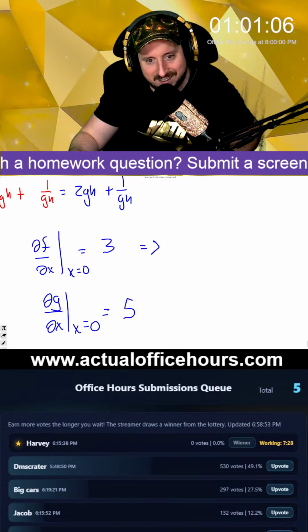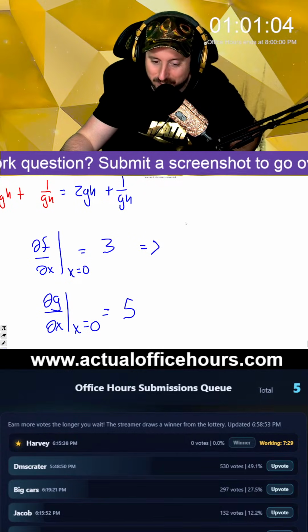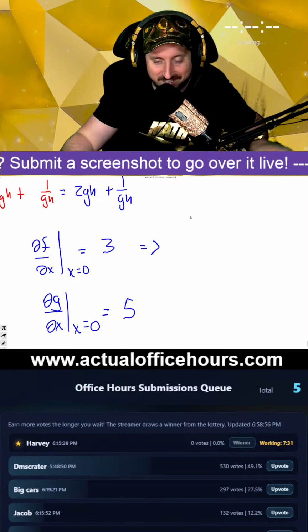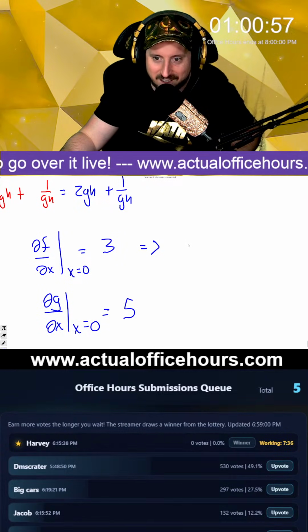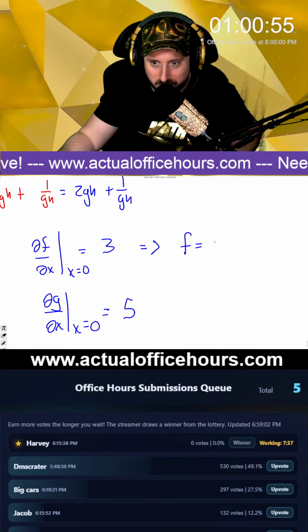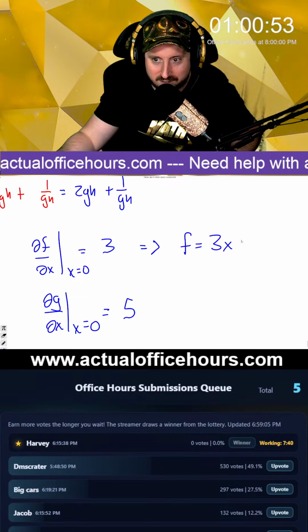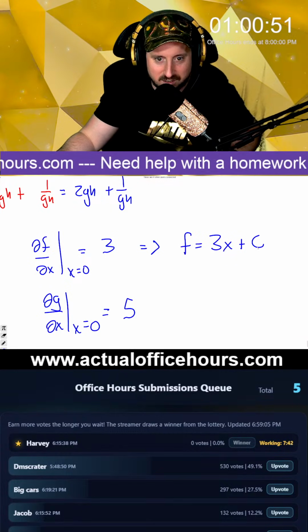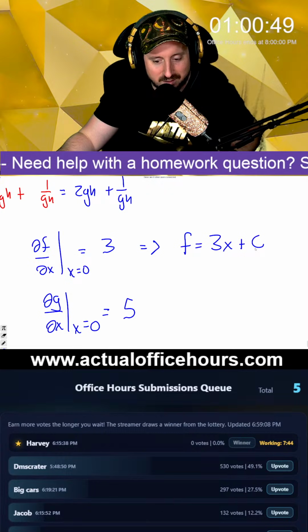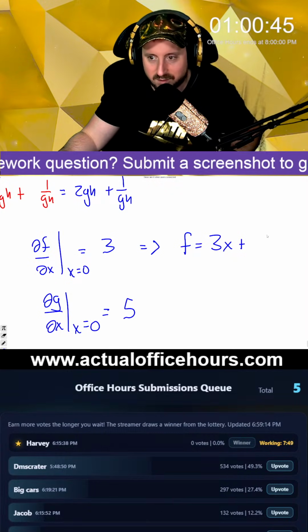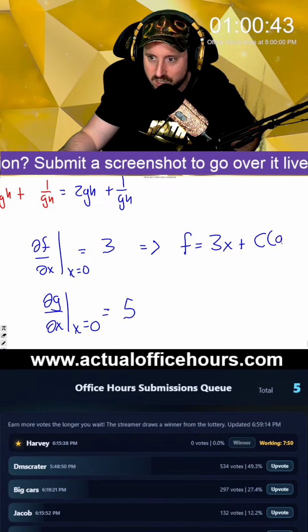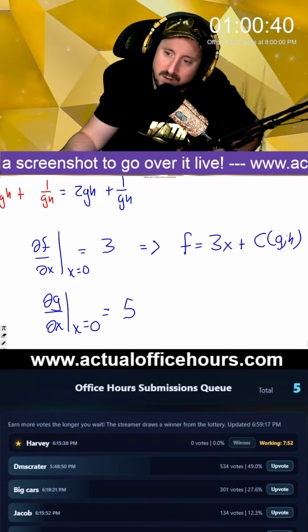Yeah, can I just move the dx over? Can I really do that? I feel like that's illegal. I think what I end up getting there, right, is f is equal to 3x plus c, or plus c of like g and h, basically, right?